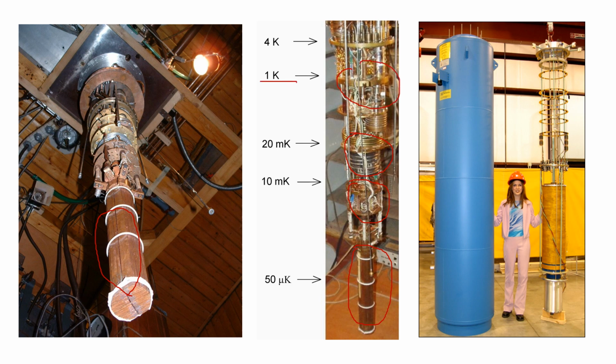So here 1 Kelvin, the dilution refrigerator 20 millikelvin, the PrNi5 refrigerator 10 millikelvin, and the copper stage temperature is 50 microkelvin. This view shows the size of the nuclear demagnetization system. It's more than 30 meters, a large-size demagnetization system.